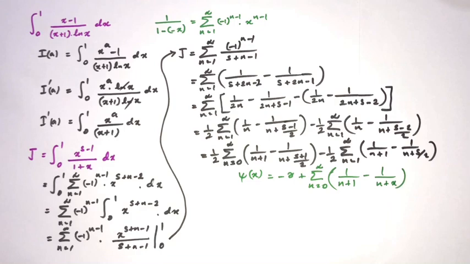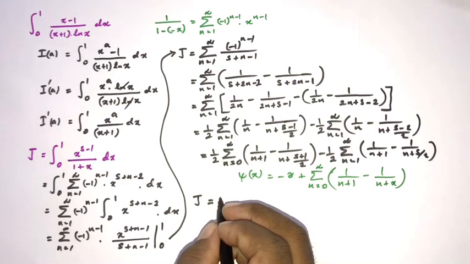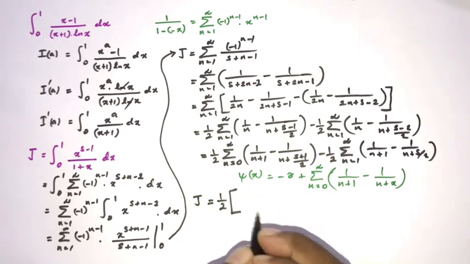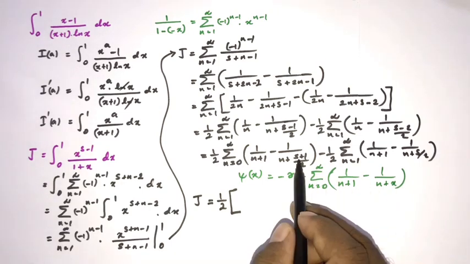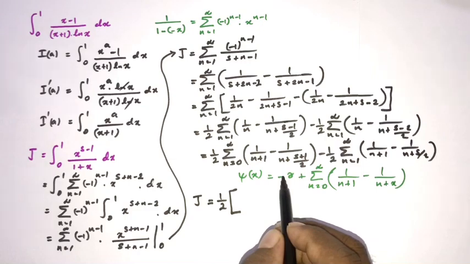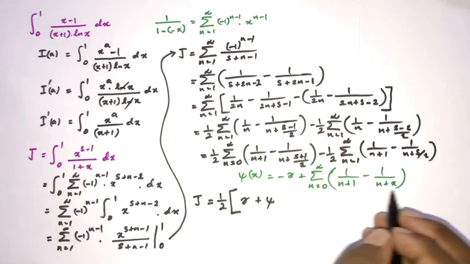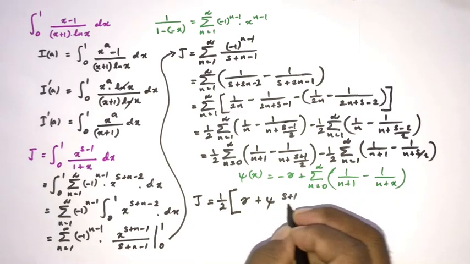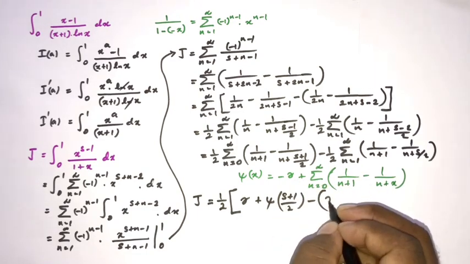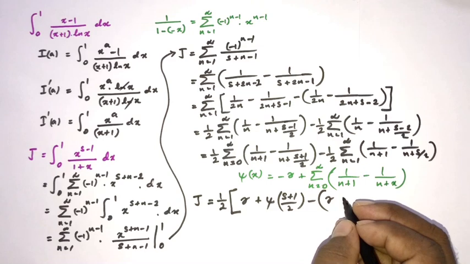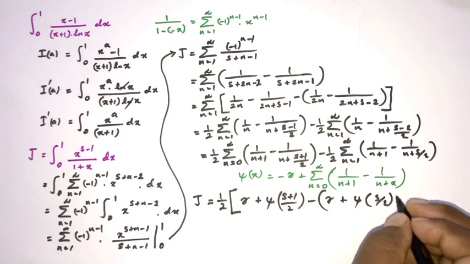Now we can write J is equal to, here 1 half is a common factor, and now instead of this part we can write, x is equal to s plus 1 over 2, so minus gamma, so plus gamma plus digamma of s plus 1 over 2, then minus, again here gamma plus digamma of s over 2.